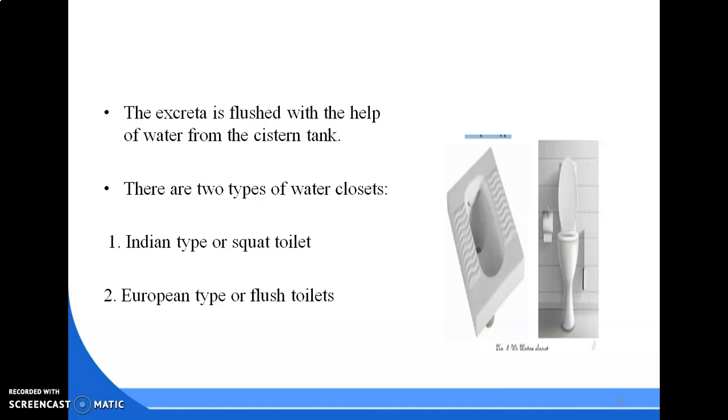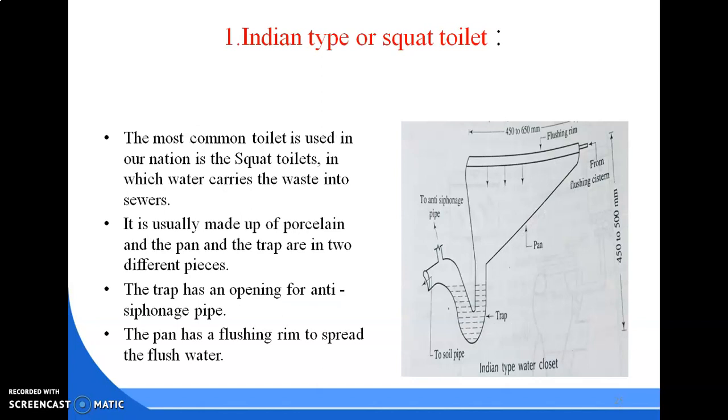First is the Indian type or squat toilet. This is the most common toilet used in our nation, in which water carries the waste into the sewer. It is usually made up of porcelain, and the pan and the trap are in two different pieces. The trap has an opening for an anti-siphonage pipe, and the pan has a flushing rim to spread the flush water.